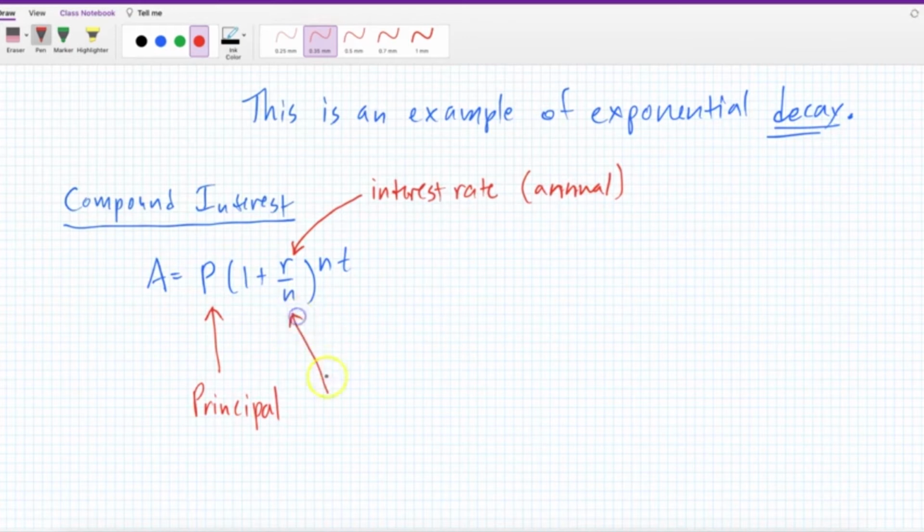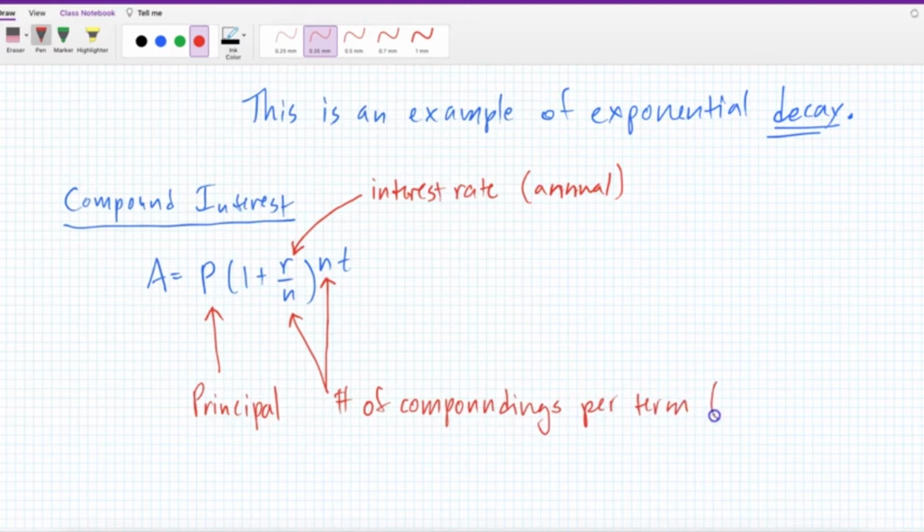The N, which you see in two places here, that's the number of times interest is compounded over that term, in this case, over a year. The term should always equal whatever your interest rate is over. So this is the number of compoundings per term, and in this case, the term is 1 year.